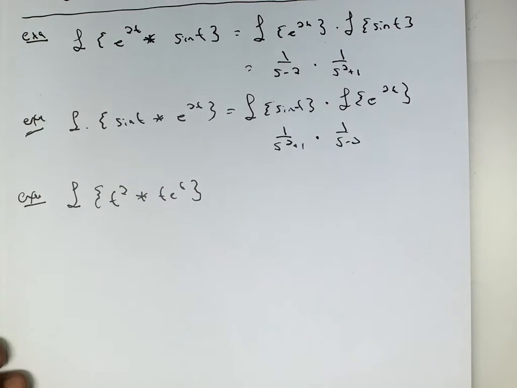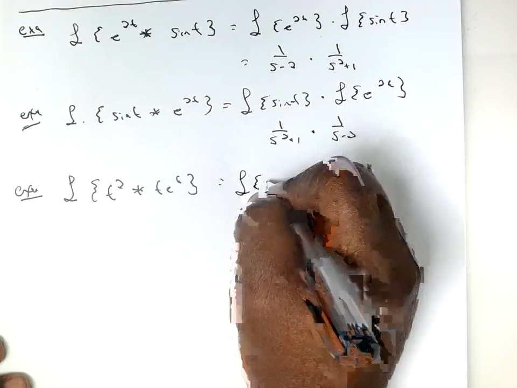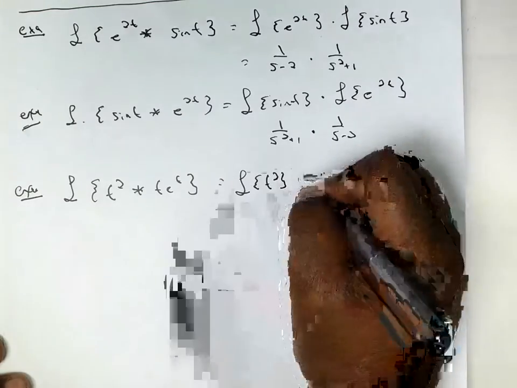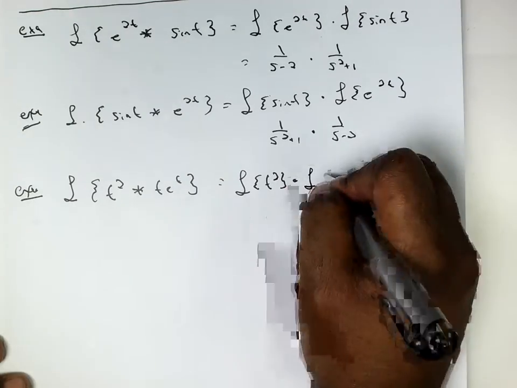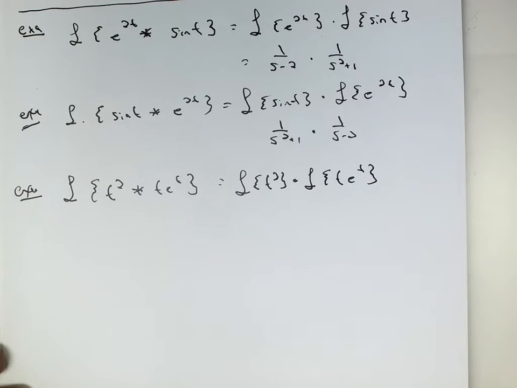Here I want to take the Laplace of t squared convoluted with t e to the t. So I'm breaking that up: the Laplace of t squared times the Laplace of t e to the t.